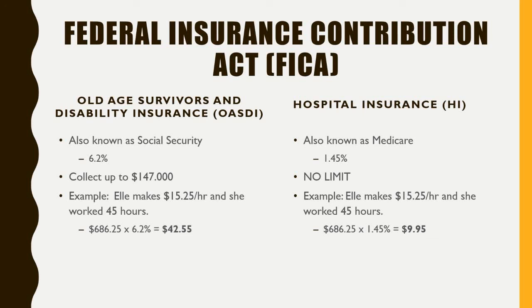So $10 a paycheck for 52, that's not that much, right? You're only doing roughly $520 per year, which is actually not bad for however many years you're going to work, right? So that is those things.